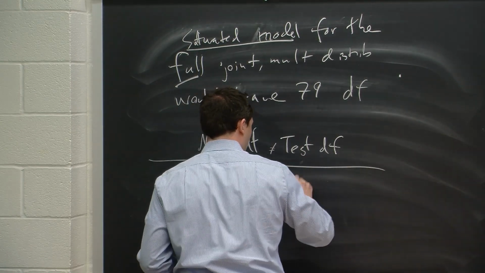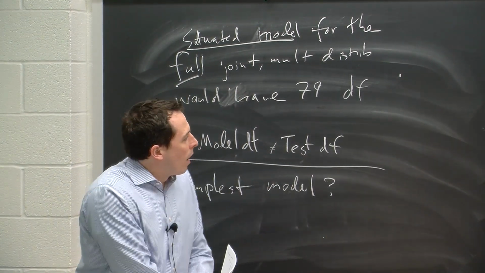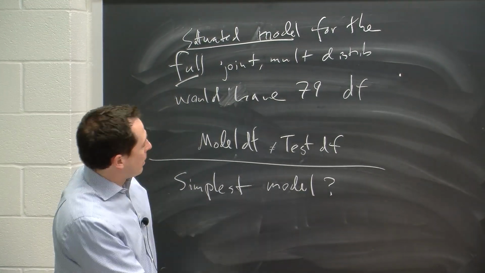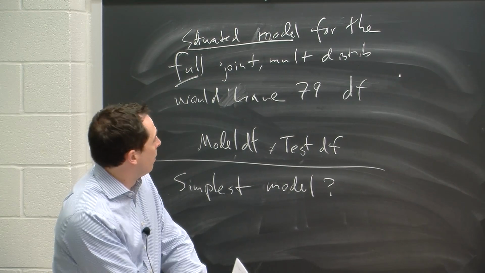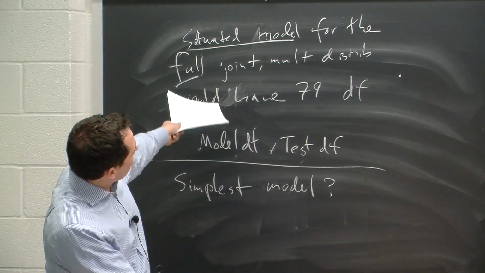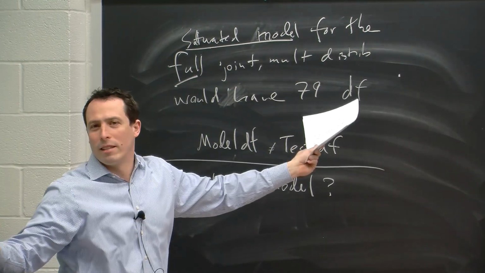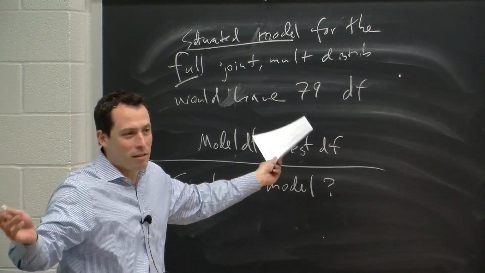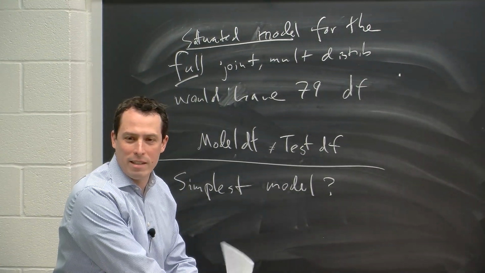So again, the simplest model depends on your point of view or what you're interested in. Maybe in the joint case, the simplest model would be everything is equal probability. That's kind of a stupid model, but it's simple, to be sure. Or an independence model is a little bit less crazy, right?